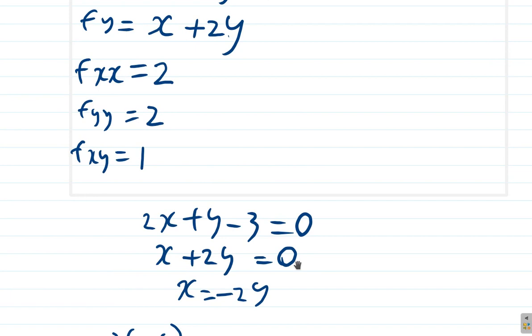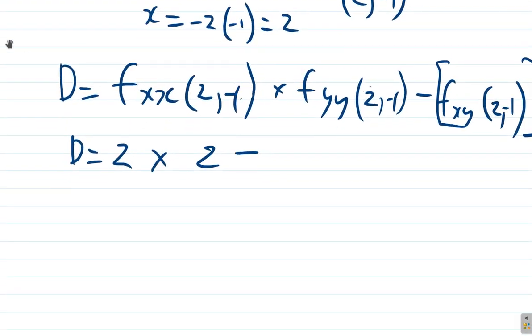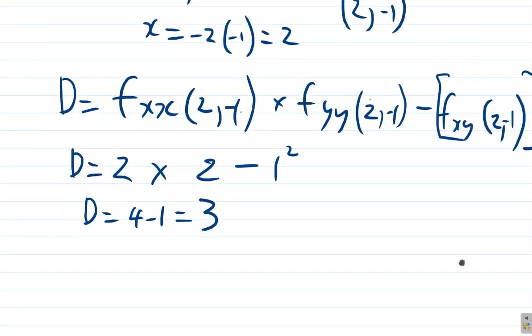But the thing is, fxy is equal to 1. So what we have is 1 squared. So what is D? D is equal to 2 times 2 is 4 minus 1 squared, which is 3. D is 3. What we want to do now is take a look at the test table and see what happens.